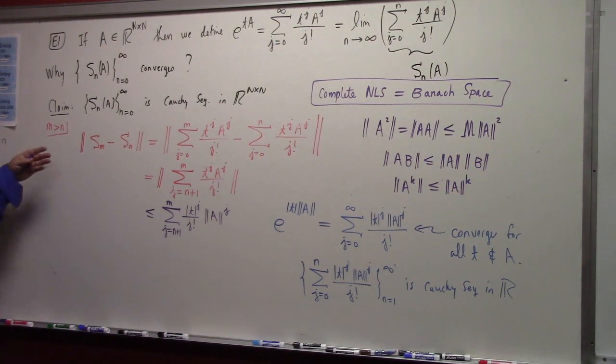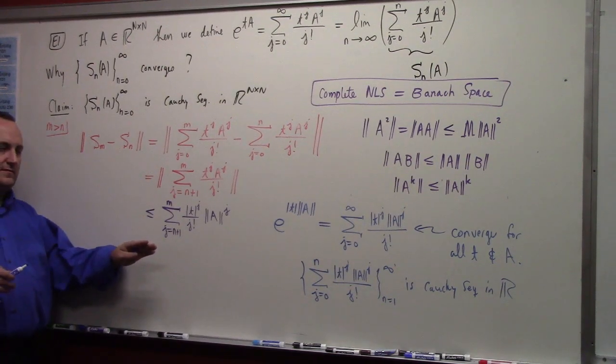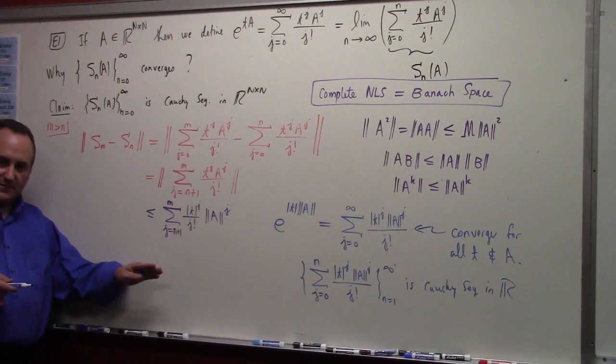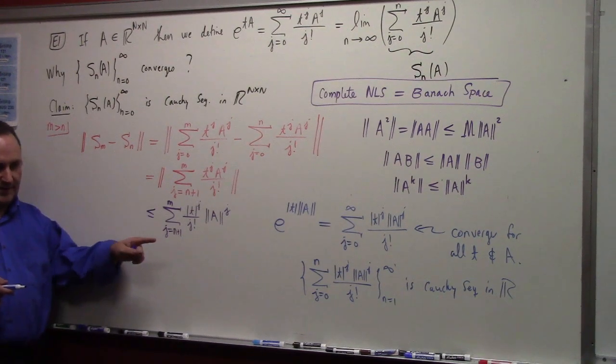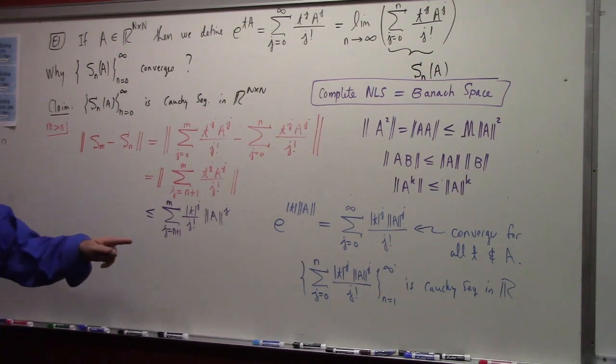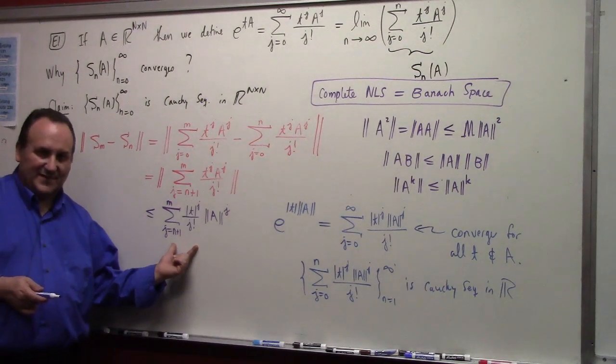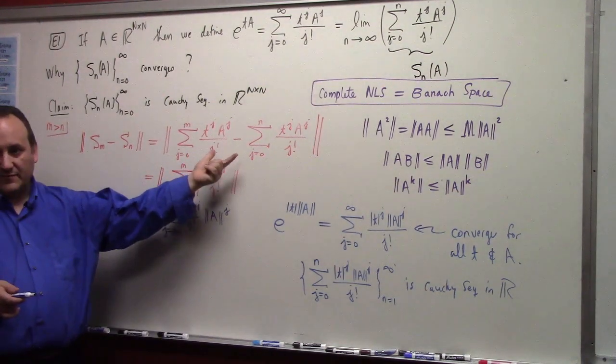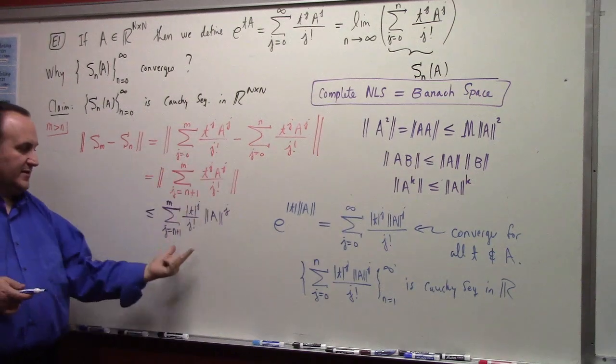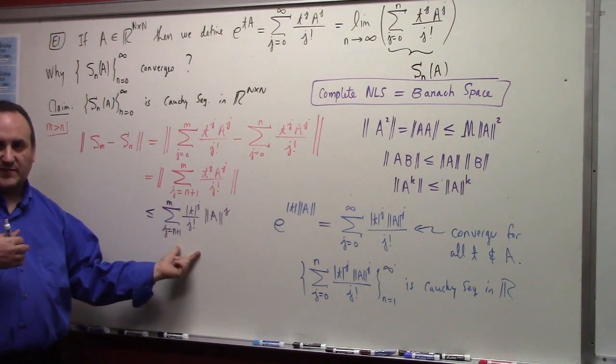By this estimate over here, see how that works? The blue sequence at the bottom is a Cauchy sequence of real numbers. Therefore, for any epsilon greater than 0, I can pick a k sufficiently large that for m and n larger than that k, I can make the difference as small as I like. But the difference of things in that is exactly this. While I did the difference up here at the level of the matrix calculation, the same calculation can be done down here in terms of the difference of the sums.